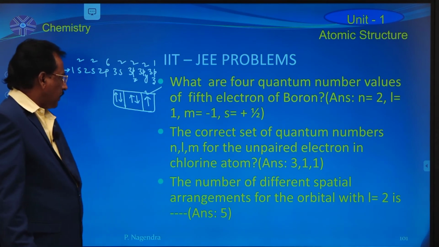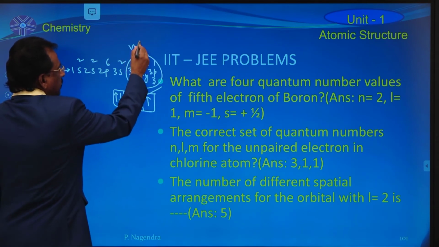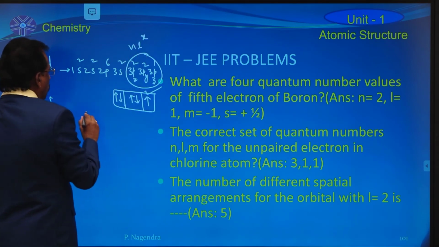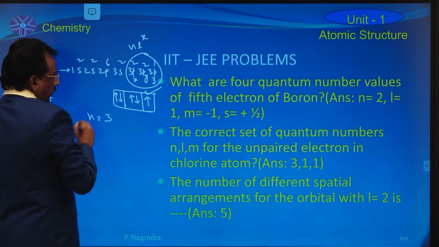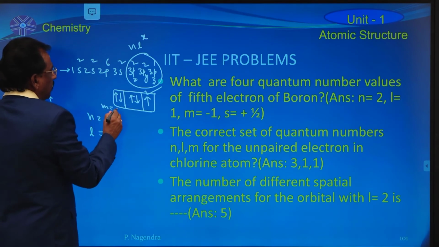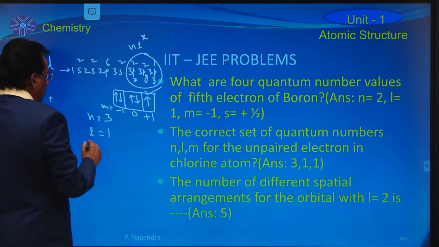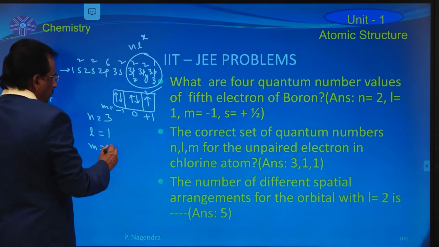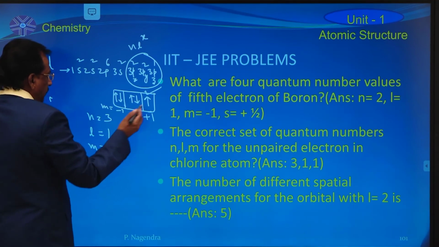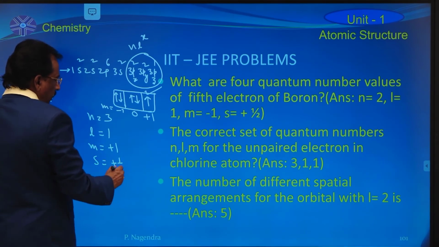For that electron, this is similar to n l m. Now the value of n is equal to 3. For the p subshell, the value of l is equal to 1. Now m is equal to -1, 0, +1. Therefore the value of m is equal to +1. Unpaired electron means the spin is +1/2 or clockwise spin.